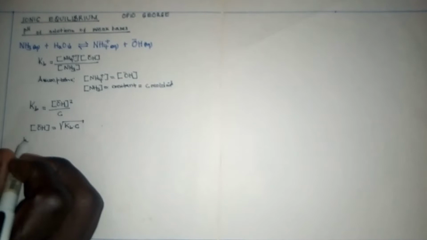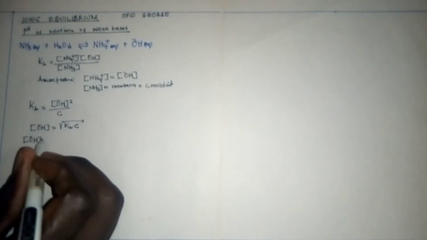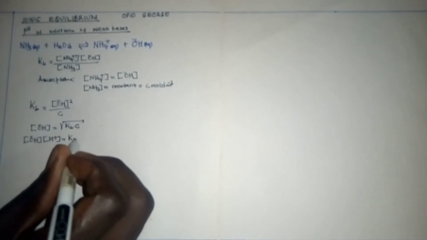Sometime back, we found out that if we have the molar concentration of hydroxyl ion multiplied by the molar concentration of hydrogen ion, this would give us the ionic product of water. And we want to do away with the molar concentration of hydroxyl ions, which means we can make it the subject here and then we substitute in that expression.